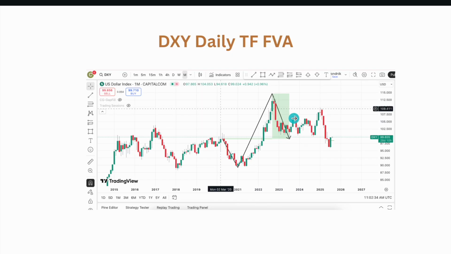It failed to do so and then started consolidating, and ultimately it caused a deeper retrace into the previous fair value area. This particular area is a fair value area. Now price is starting to trace deep into this fair value area, right?